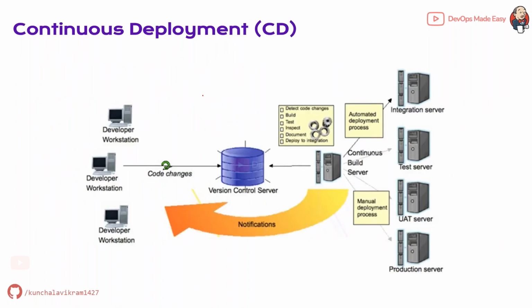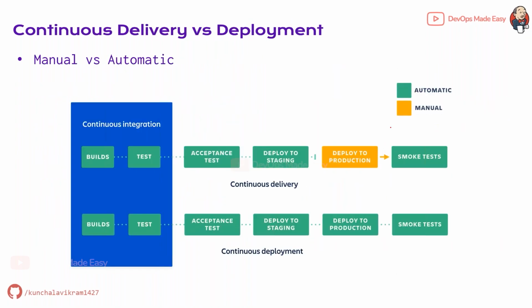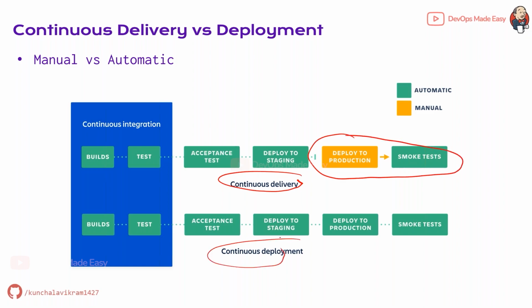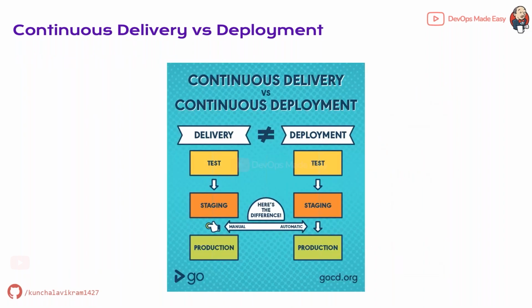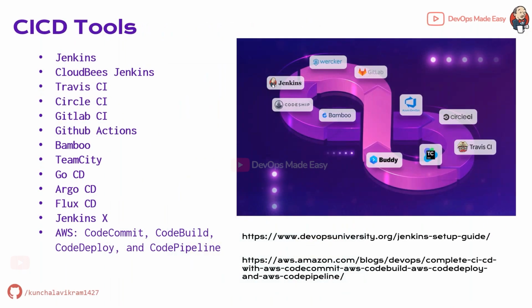So what is the difference? If it is continuous delivery, the deployment to production is manual. But if it is continuous deployment, delivery to production is completely automated. So continuous delivery is not equal to continuous deployment. Remember, deployment is automated, delivery is not. Understood, guys?